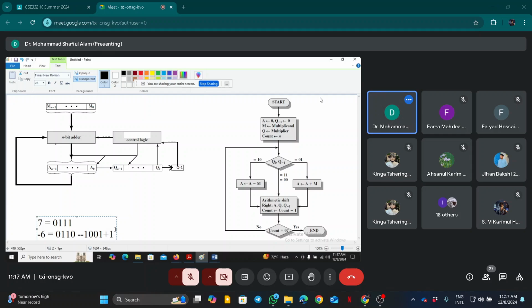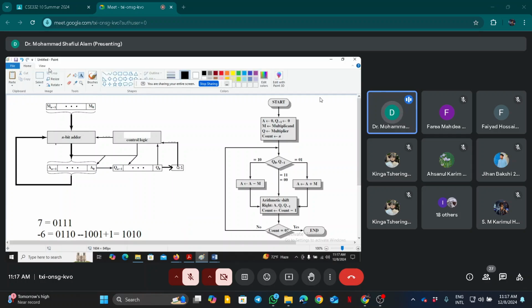So finally it is 1, 0, 1, 0. This is in fact the binary equivalent of minus 6, right?